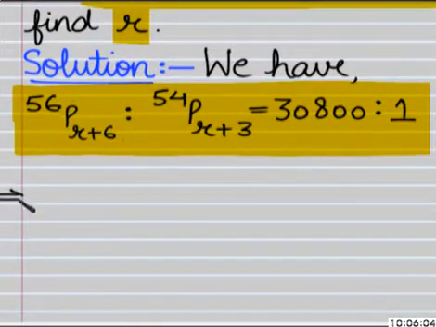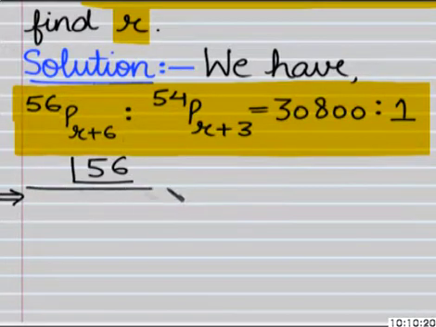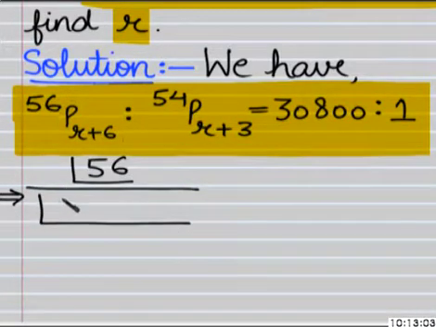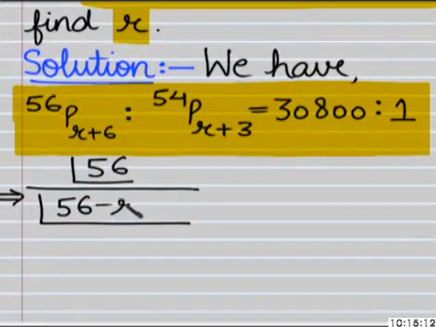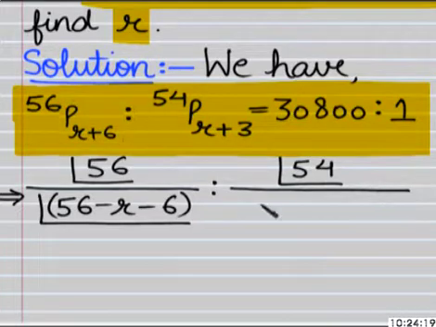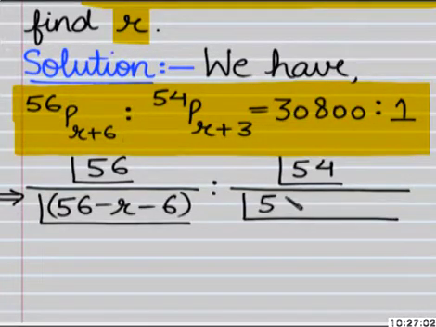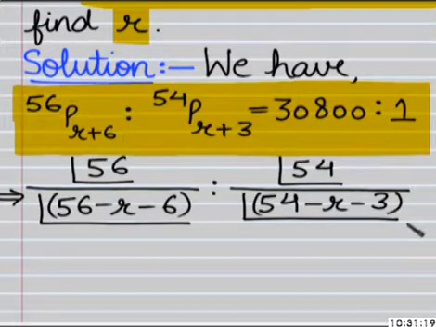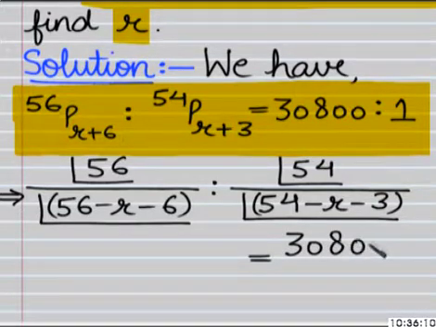So this implies (56 factorial whole divided by (56 minus r minus 6) whole factorial) ratio (54 factorial whole divided by (54 minus r minus 3) whole factorial) is equal to 30,800 upon 1.